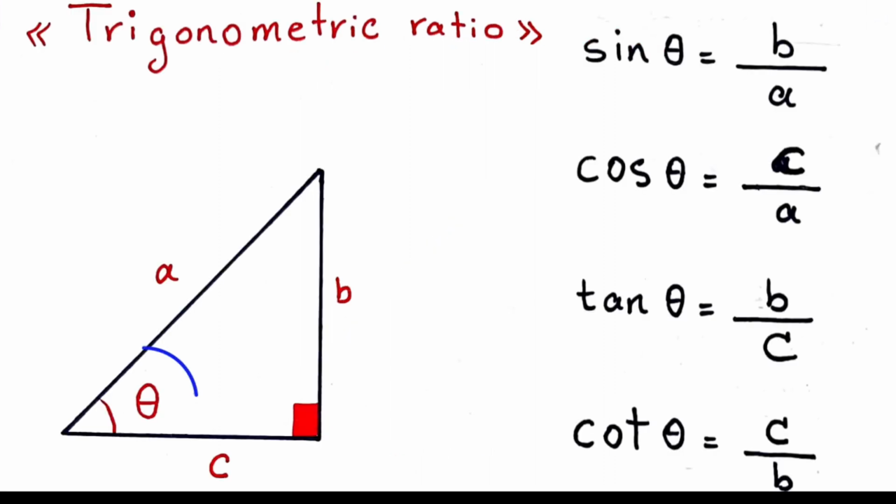Suppose that theta is one of the acute angles of a right angle triangle. In this case, we define four numbers for this angle and call them trigonometric ratios of the theta angle.